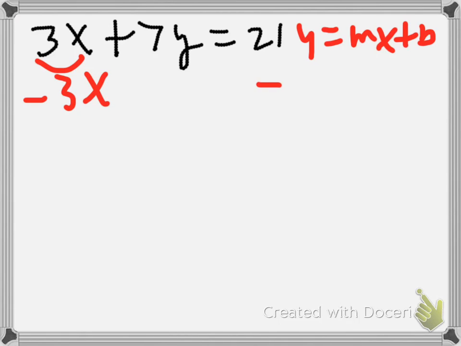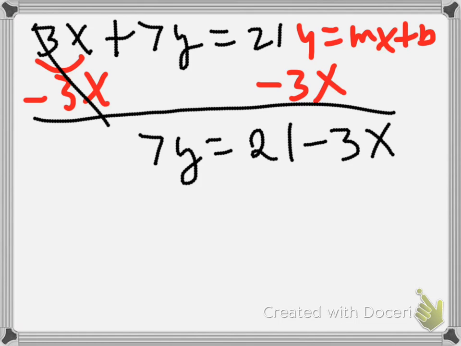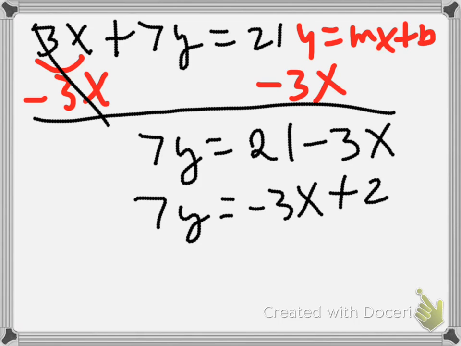And here I'll just go minus 3x. When I do that and simplify, the x's add out to 0, so that leaves me with 7y equals 21 minus 3x. Or I could rewrite it as negative 3x plus 21.